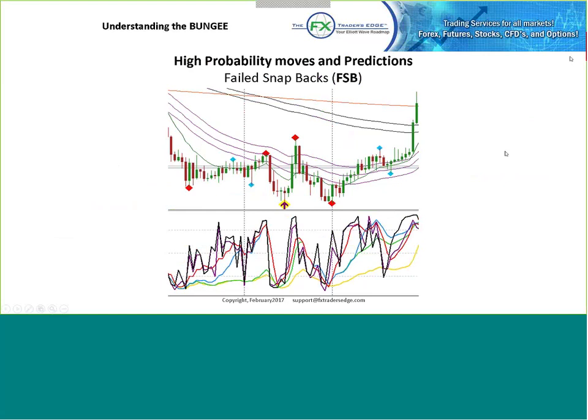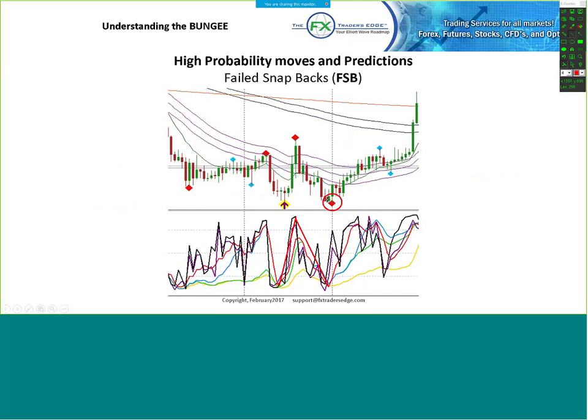Another high probability prediction is a failed snapback. You might say, so what? Because a failed snapback can be described in so many other ways. There is a failed snapback down here. We had a bungee stretch away for this red semaphore. The bungee snapped back to the bottom, but price failed to make a new low.